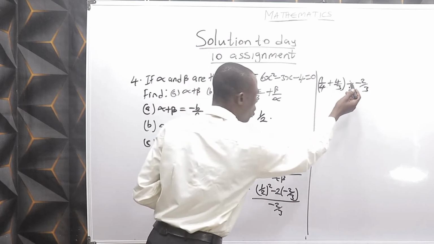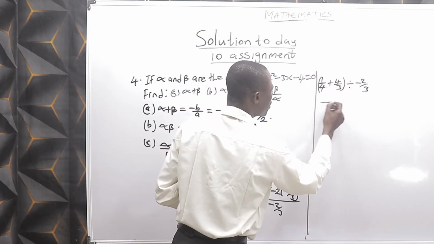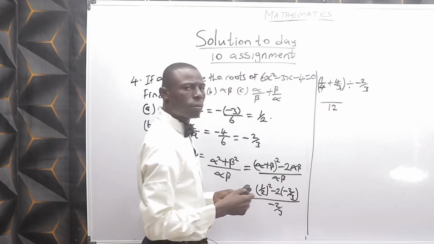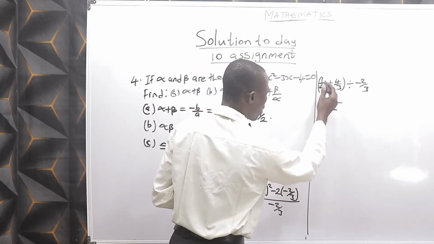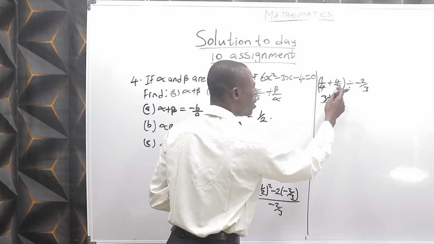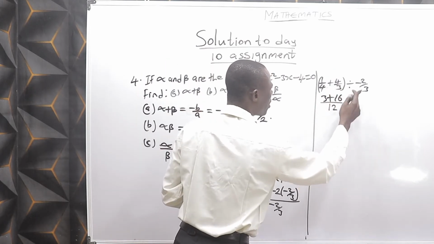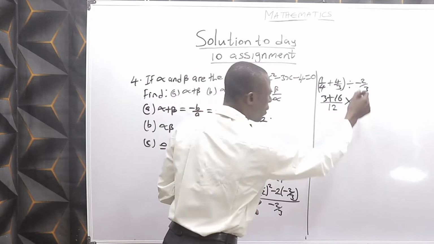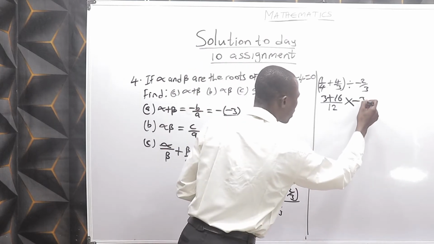This division symbol is the same thing as this division line here. So the LCM in this is 12. 4 in 12 is 3. 3 times 1, 3, plus 3 in 12 is 4. 4 times 4 is 16. In place of this division sign, put multiplication sign, and the divisor minus 2 over 3 turns upside down to become minus 3 over 2.